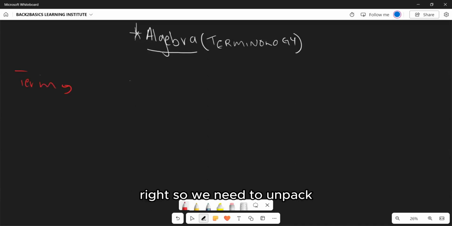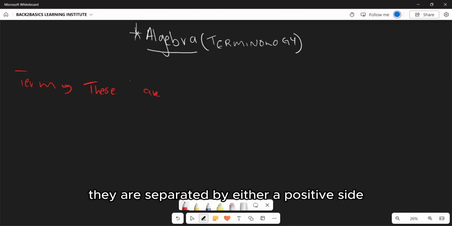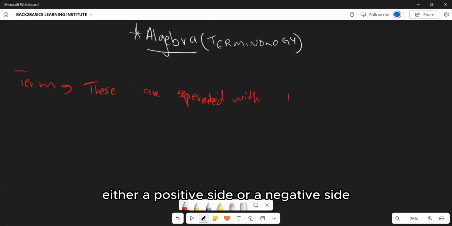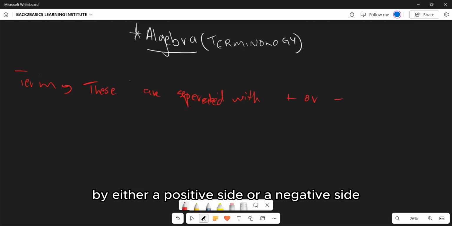So we need to unpack what a term is. Basically, terms are separated by either a positive sign or a negative sign, right? So terms are separated by either a positive sign or a negative sign.